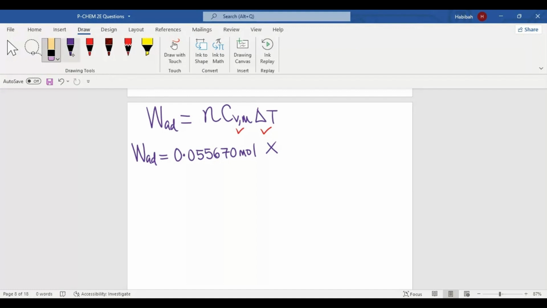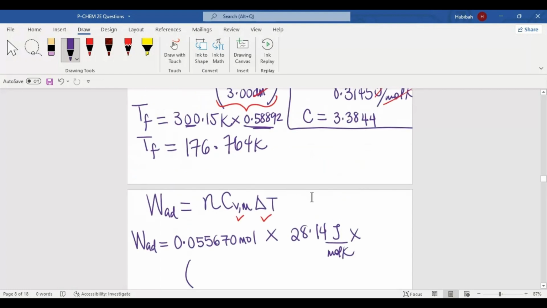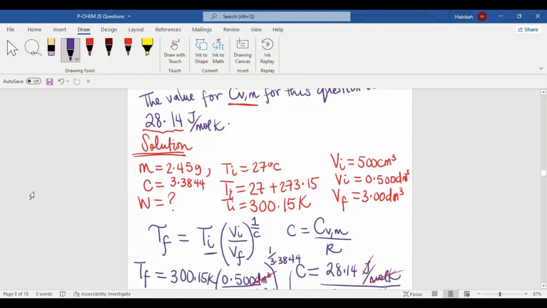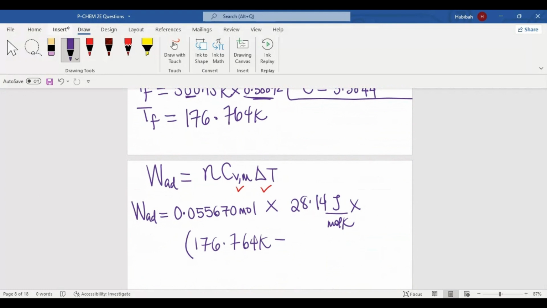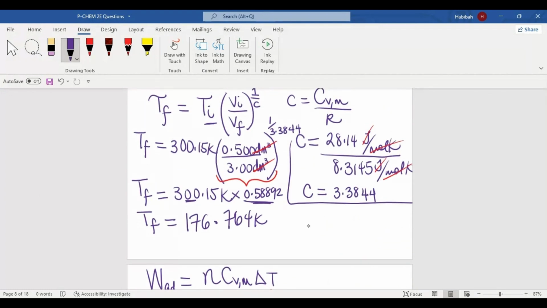So times the molar heat capacity at constant volume, we know that to be 28.14 joule per mole Kelvin, times the change in temperature, T final minus T initial. So we have our T final to be 176.764 kelvins minus the T initial. Going back to our question, we see that is 300.15 kelvin. So that would be minus, oh, what's going on?